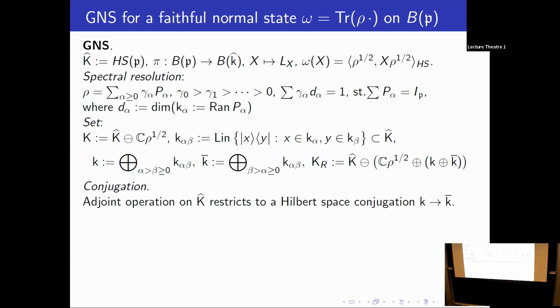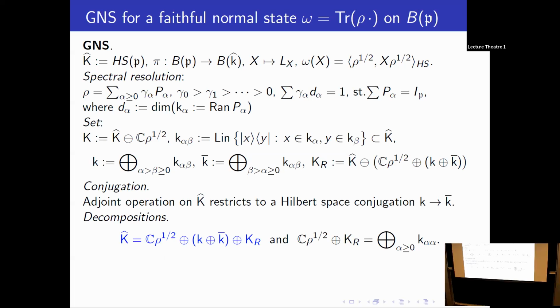So that's the conjugation. We have a decomposition of our GNS space there. We identify this first one-dimensional space with C, and we're back in a situation of C plus some Hilbert space. Now it's in two parts, K plus K bar, and a remainder part, which will play no role.